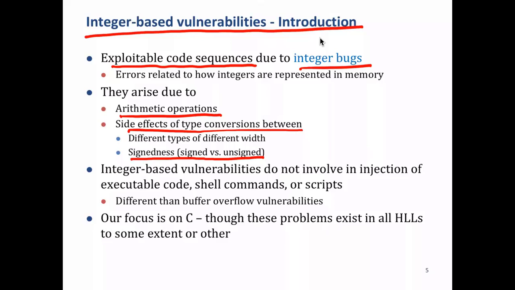What type of representation? We studied in the architecture course, 2's complement, right? Yes, okay. And then for the unsigned one we don't use 2's complement. And with this conversion, or casting, there can be a problem, right?